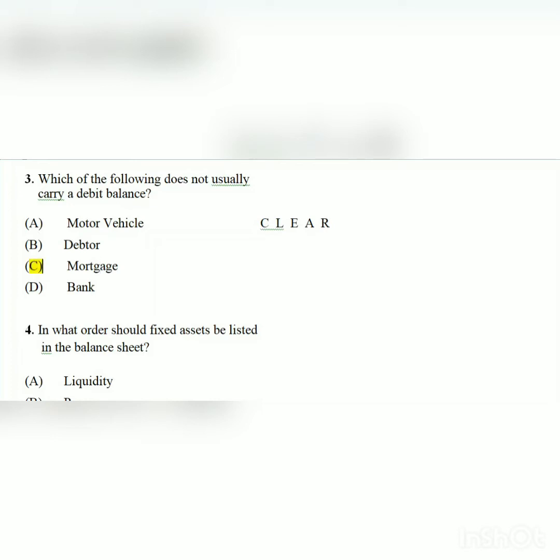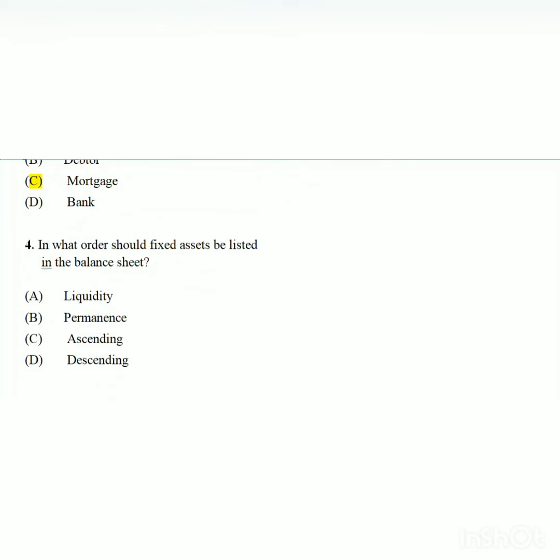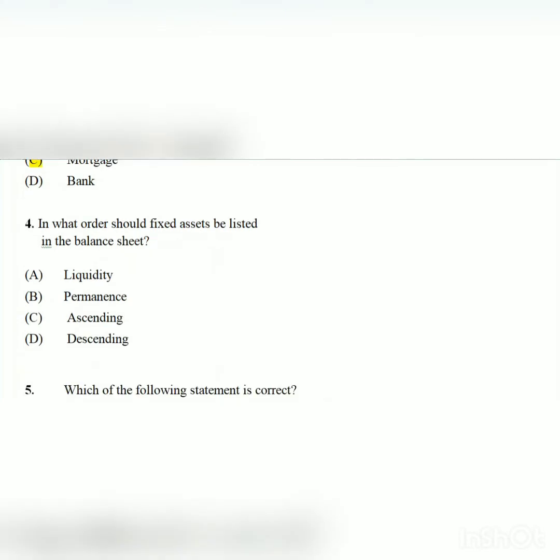All right, now we want to move to our next question, question 4. In what order should assets be listed in the balance sheet? Now we know that in the balance sheet, your assets are listed. So before we talk about the order in which assets are listed, let's look at the options.